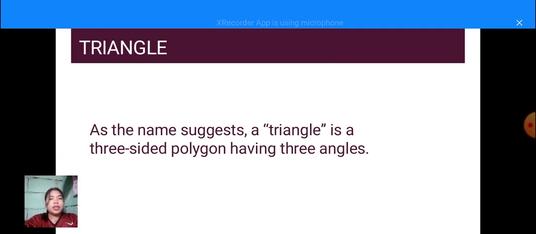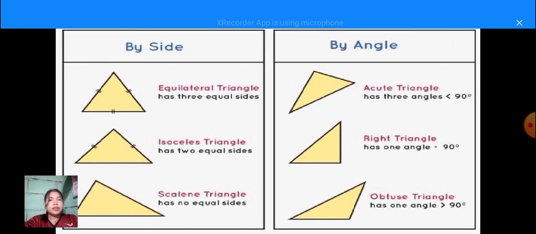Triangle: as the name suggests, a triangle is a three-sided polygon having three angles. Here's an example of triangles by sides and by angles. Number one, an equilateral triangle has three equal sides.